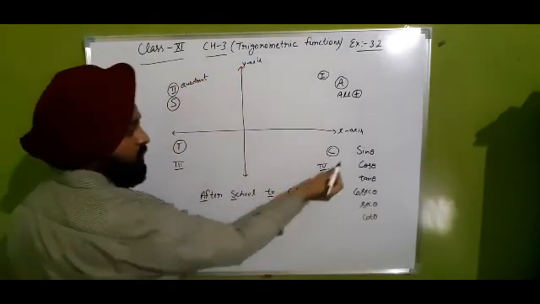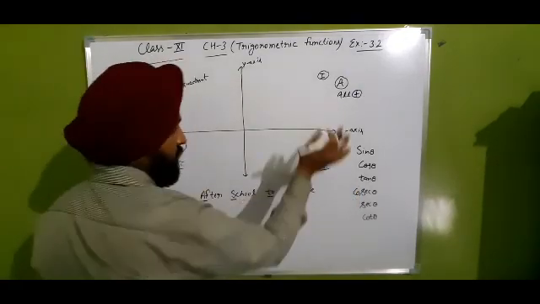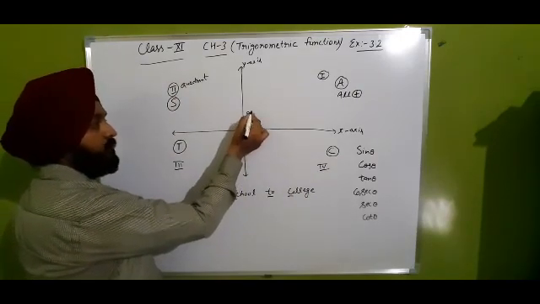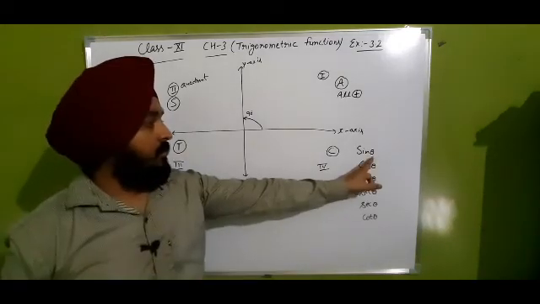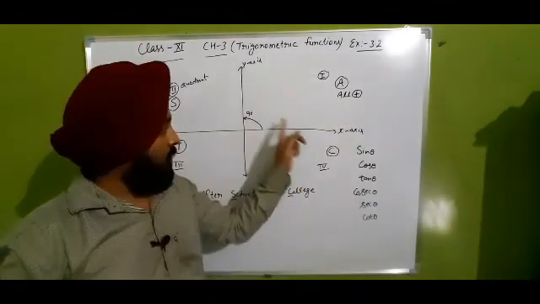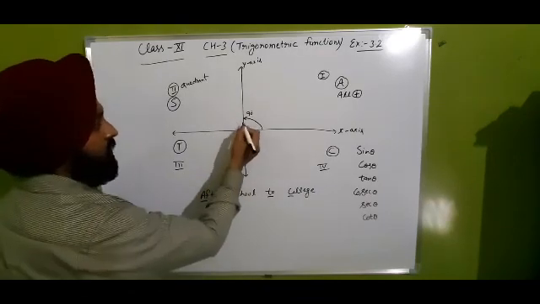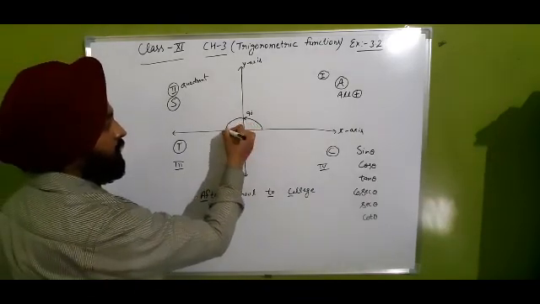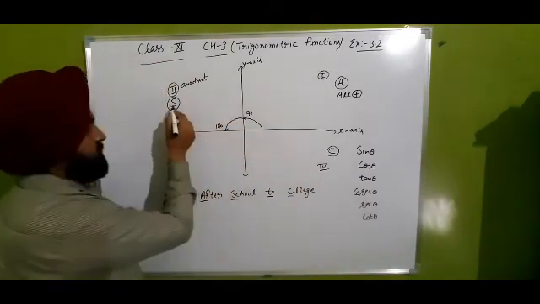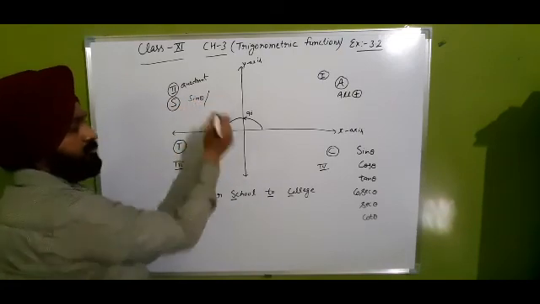In the first quadrant, sin, cos, tan, cosecant, secant, cot will all be positive if the angle lies from 0 to 90 degrees. When theta is from 90 degrees to 180 degrees, S stands for sine, and the reciprocal of sine is cosecant.